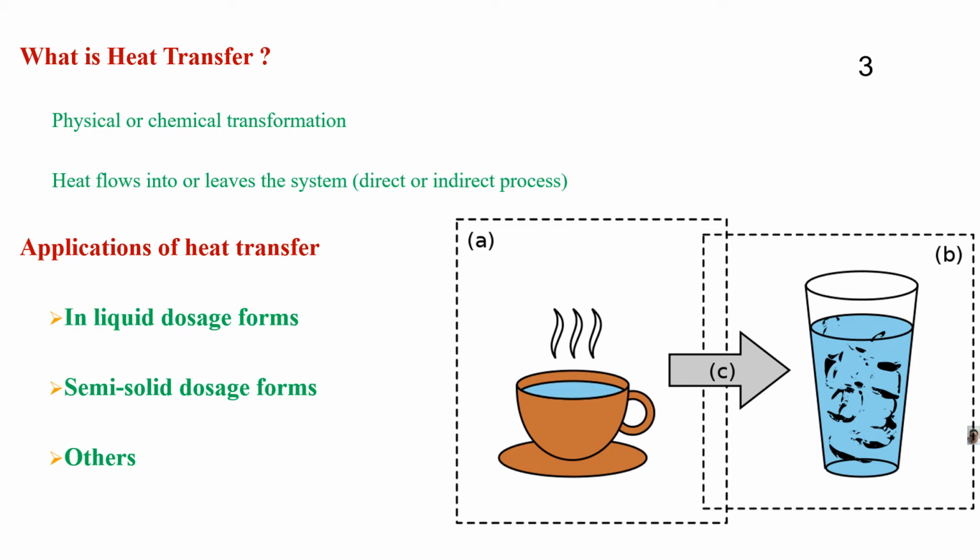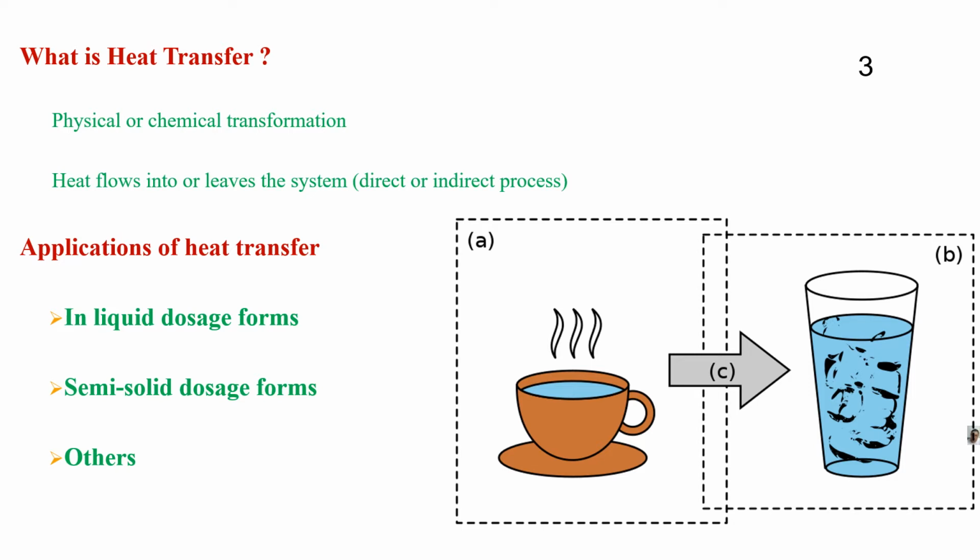One thing is, heat transfer is required for certain dosage forms, if we classify, like during dealing with liquid dosage forms, semi-solid dosage forms, and other dosage forms. And if we talk about the processes, heat is required for drying of wet mass.